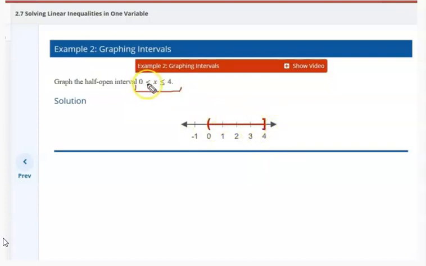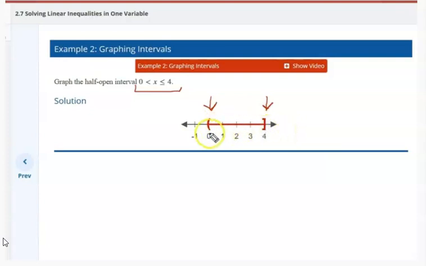Now, since 0 is less than x, it's not included, and you're going to use a parenthesis here. And 4 is included because of less than or equal to, so you're going to use a bracket. And that's what you pick up. And on the line, you move these values to these positions.